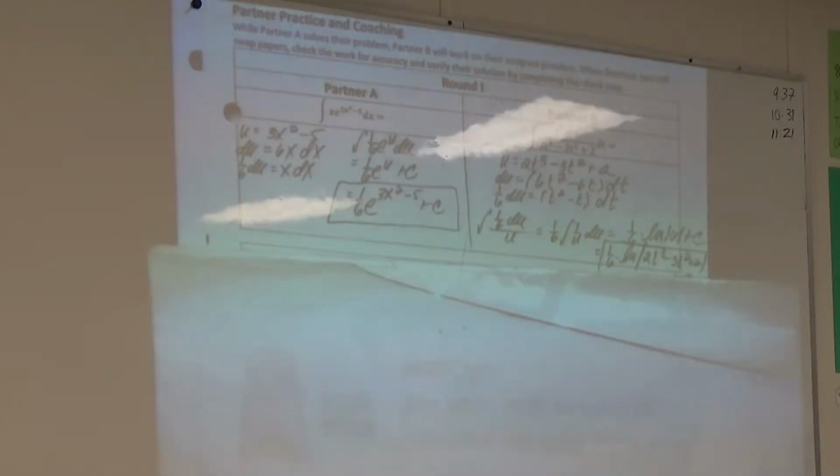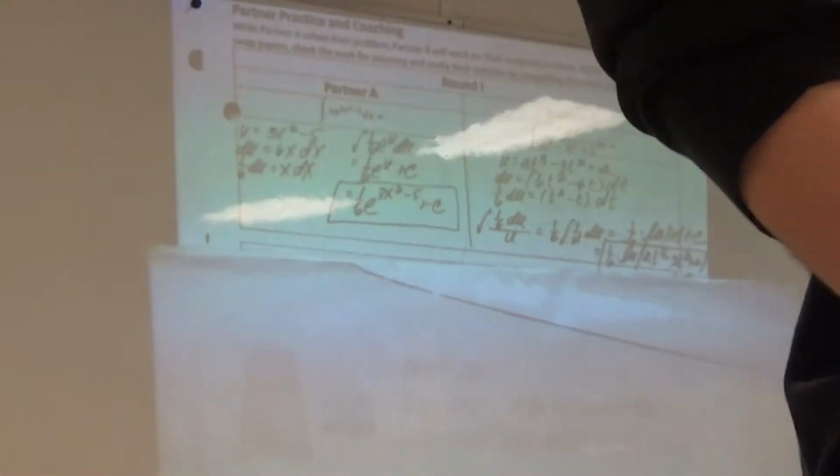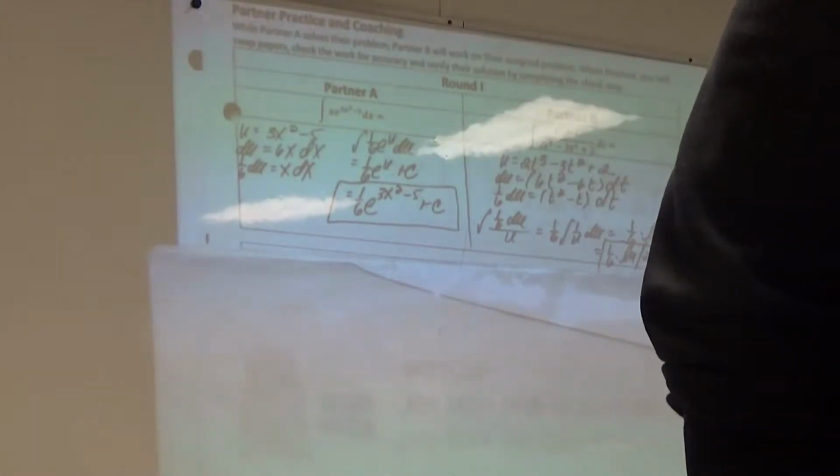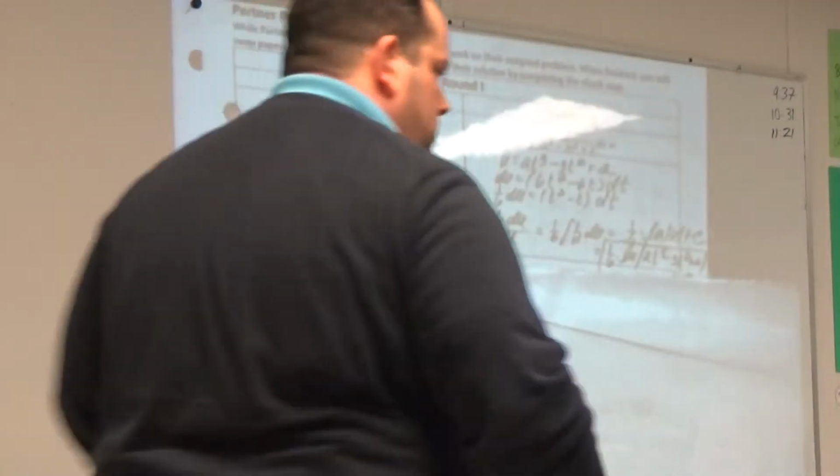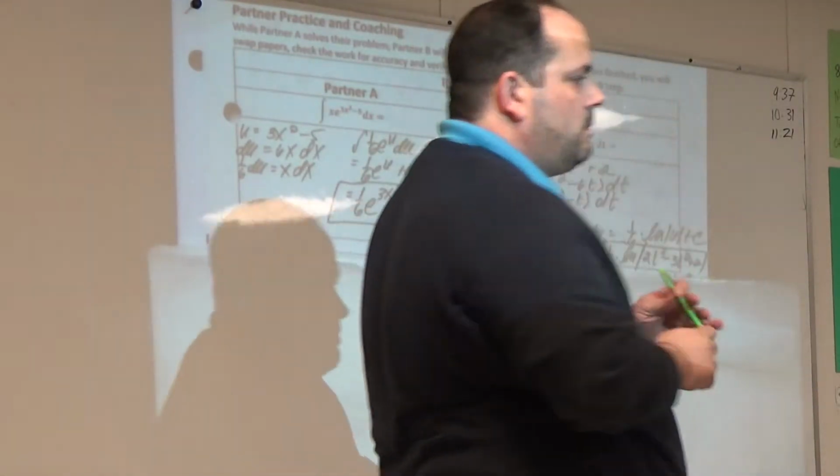Found the derivatives. Now the question is, can you get the numerator? Oh, you just simplified it by putting... I did the same thing you did. I put x and then you represent it. And then I'm multiplying times 1/6 dx.